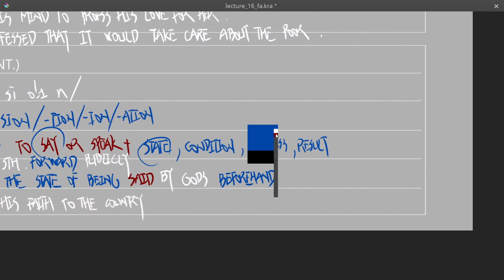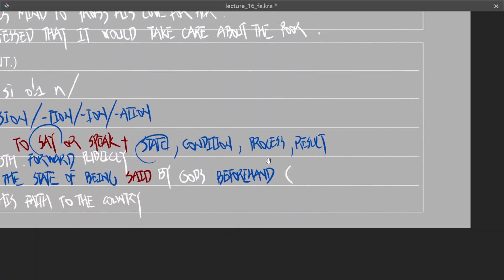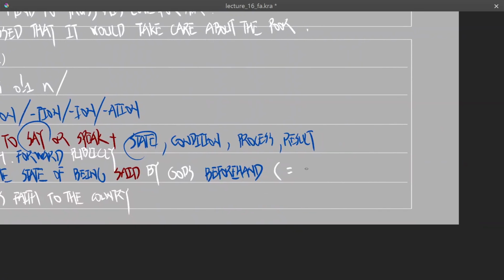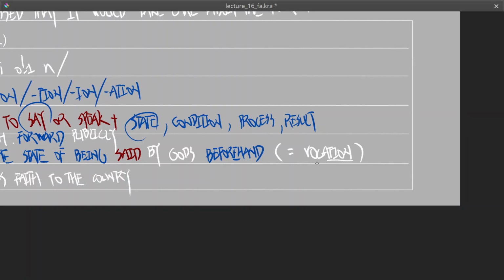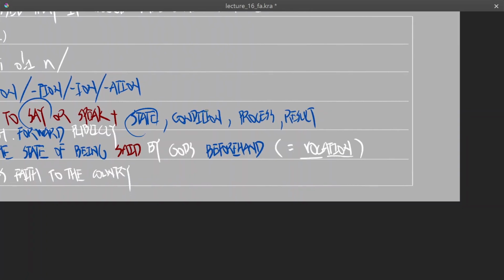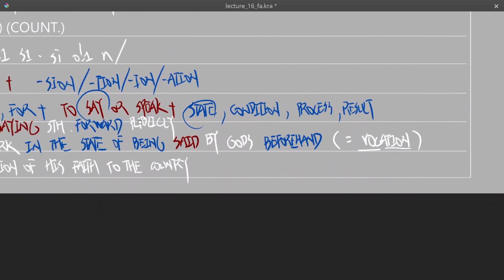So that's the same as, in this case, vocation. It is the type of work in the state of being called by God beforehand. Vocation.